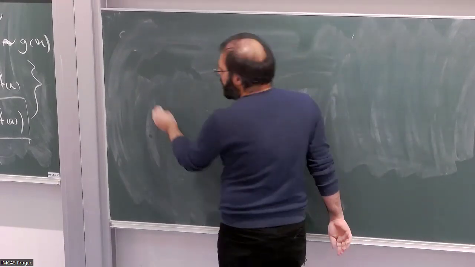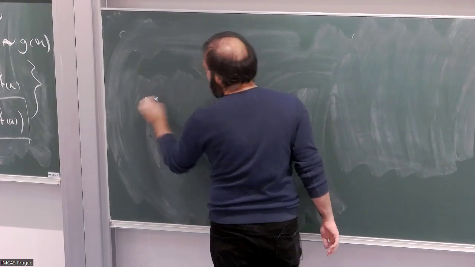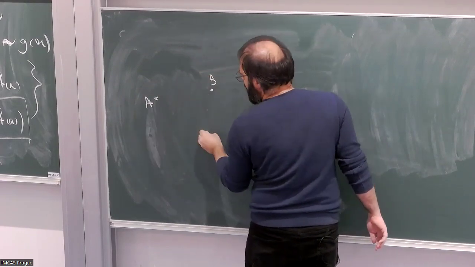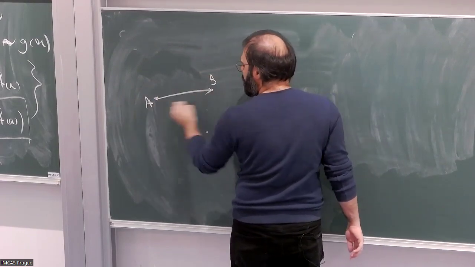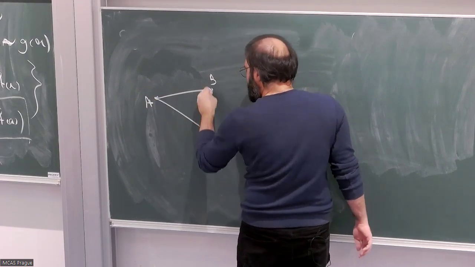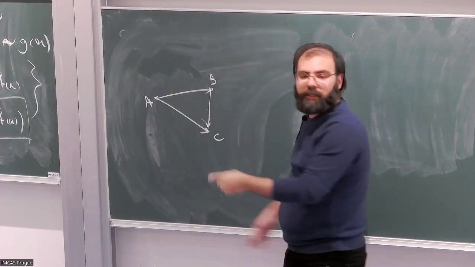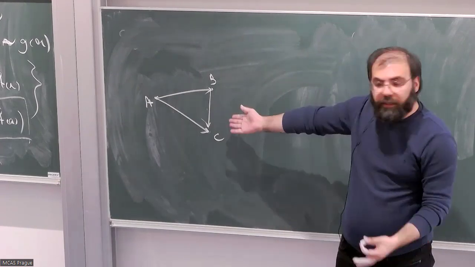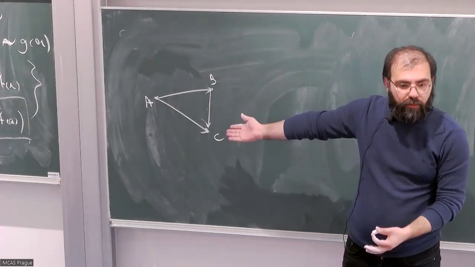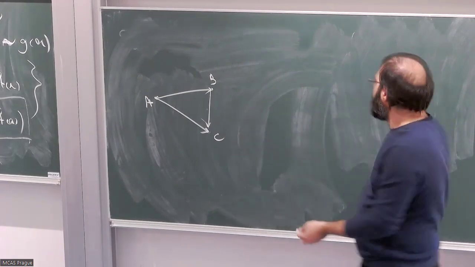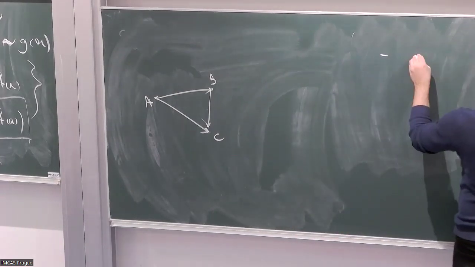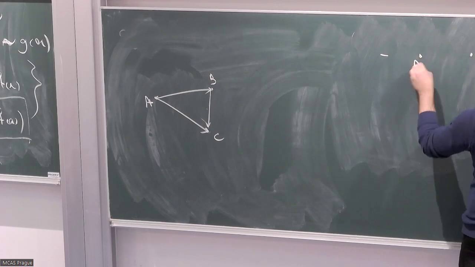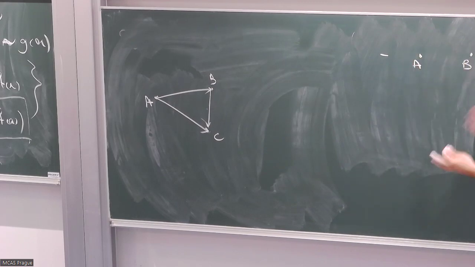You have some objects in your category, say A, B, C, whatever, some maps, some commutativity, something. Right? And I call this a diagram for obvious reasons. For instance, one diagram is this: two separated points. One diagram is this: nothing.